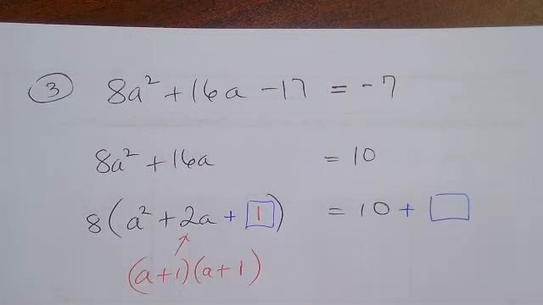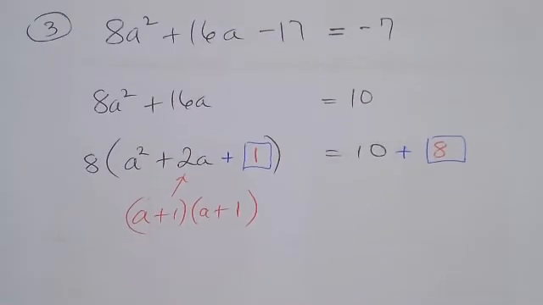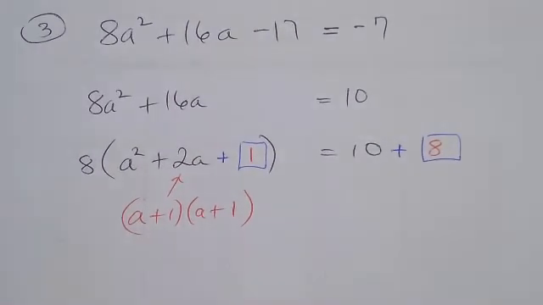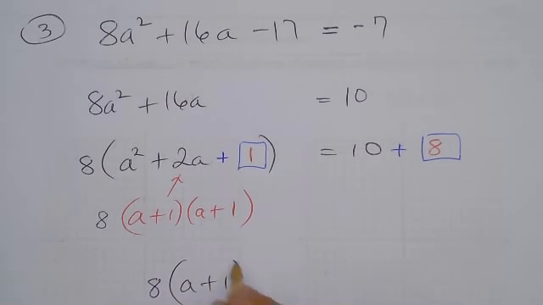So what are you going to add here? And what are you going to add here? 1 here, 8 here. Okay, we got that one? So that's going to be what? Remember, you still have that 8.